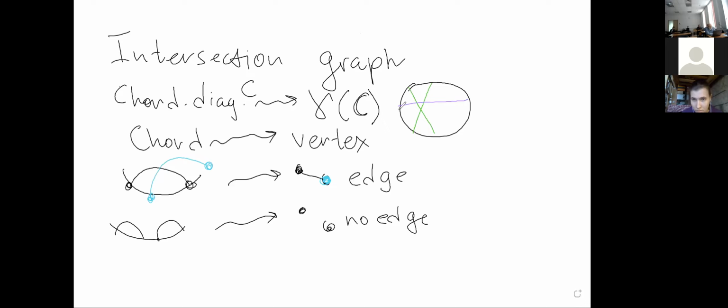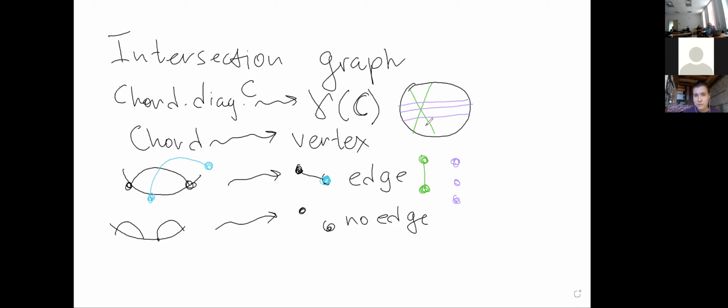And so the intersection graph is as follows. These vertices are connected with an edge. These are not, because the corresponding chords do not intersect.